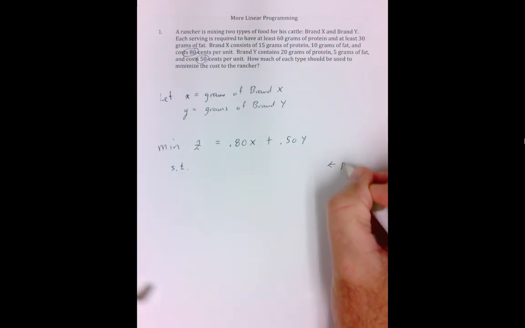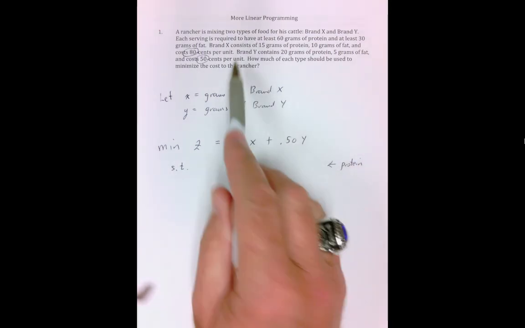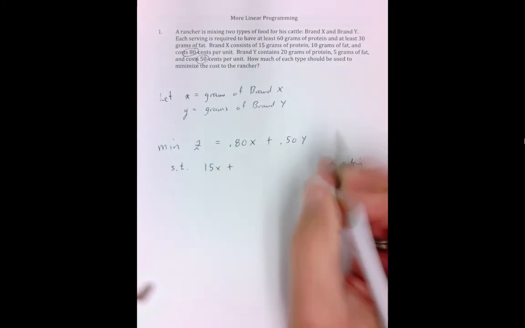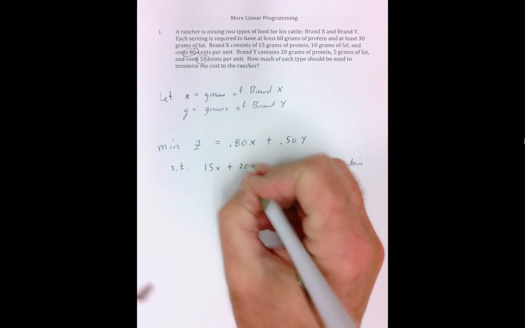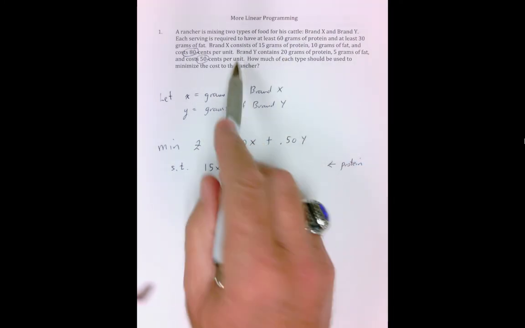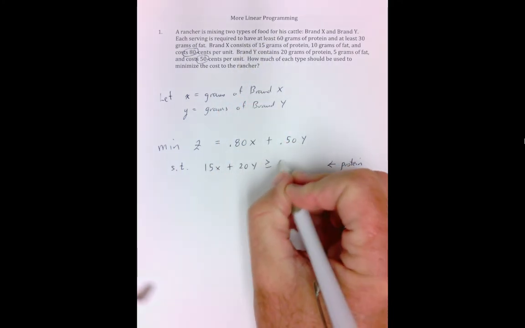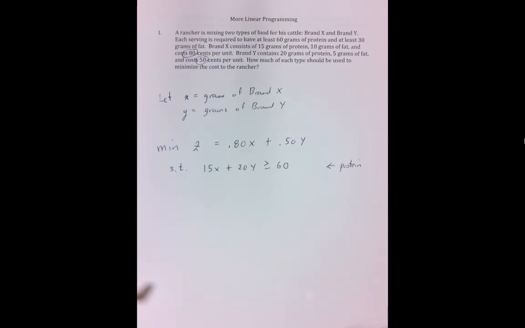So this first constraint I'm going to set up for protein. So I'm going to have 15x plus 20 from Y, and it has to have at least 60 grams of protein. So at least means greater than or equal to.